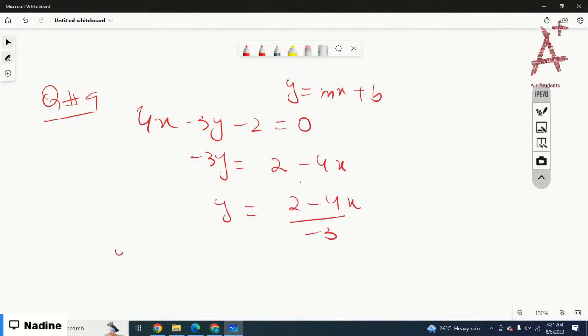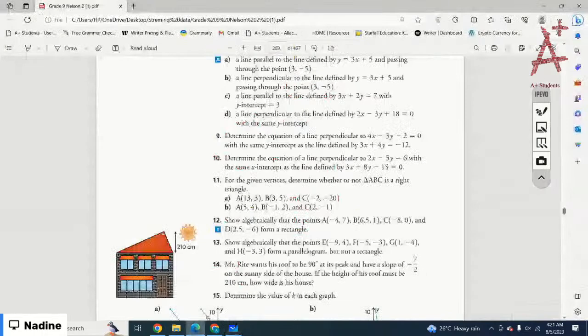So the equation is y equals 4 over 3x minus 2 over 3, right? So the slope of this line is 4 over 3 and the y-intercept is negative 2 over 3, right? Okay, the other equation is with the same y-intercept.